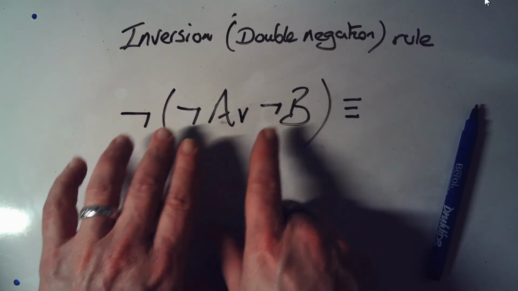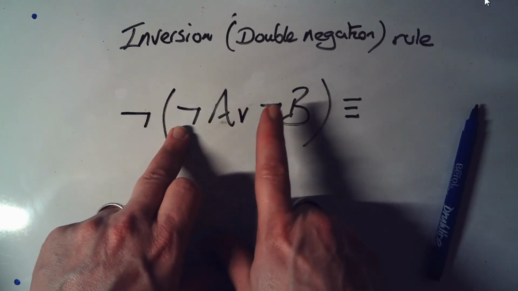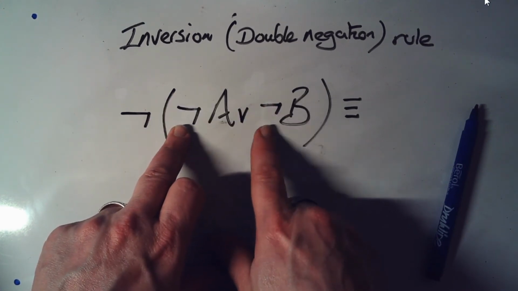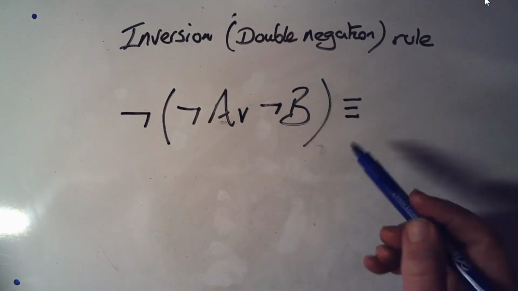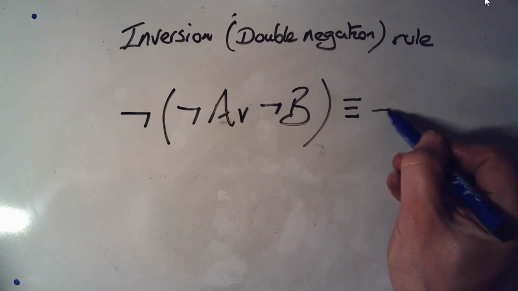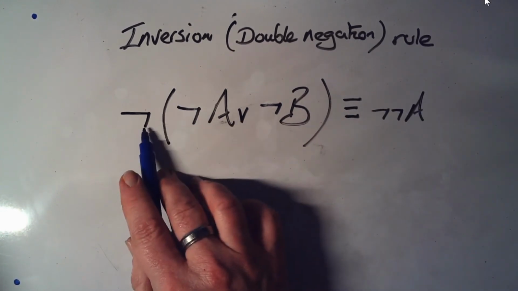We actually apply De Morgan's laws, or the rules associated with De Morgan's laws, in exactly the same way that we would normally do. So we take the term outside the bracket and we apply it to each of the terms inside the bracket. That essentially gives us negative negative A, because we've already got a negative in here, we've got a negative outside as well.